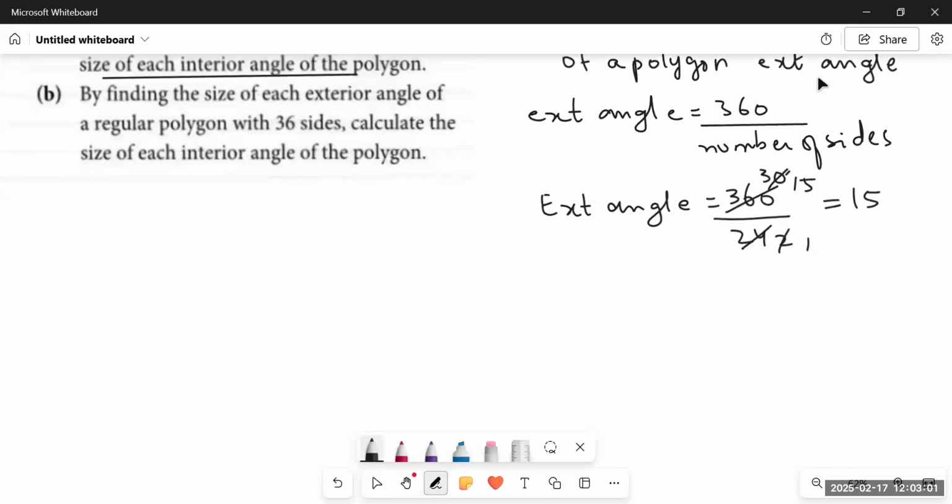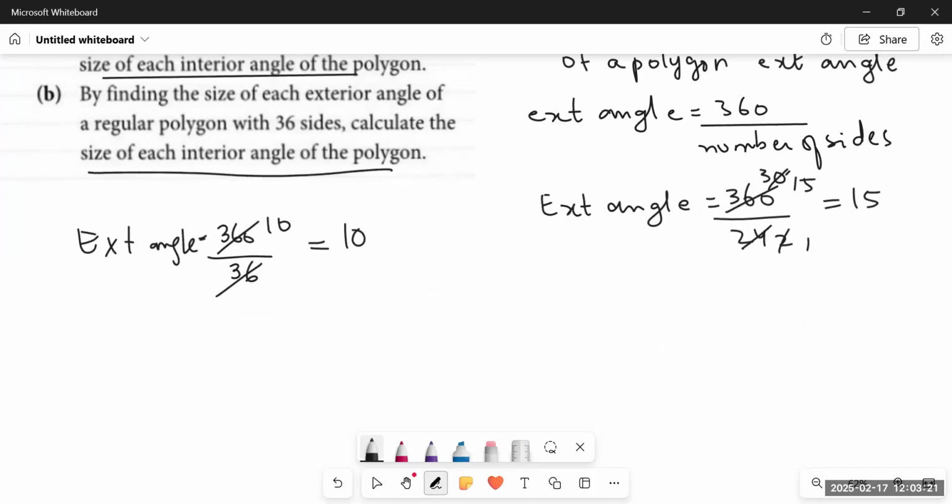Similarly, find the size of each exterior angle of a regular polygon with 36 sides, so we have to do the same. Divide 360 by 36, the number of sides, we will get 10. It means the size of the exterior angle would be 10, and if the size of the exterior angle is 10, we have to find out the size of the interior angle.